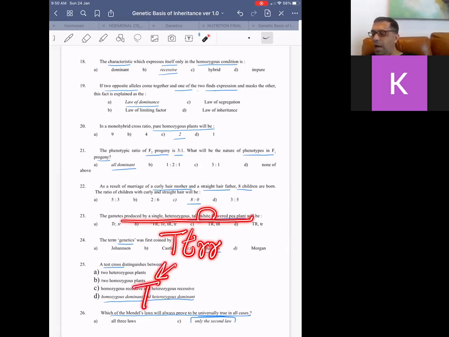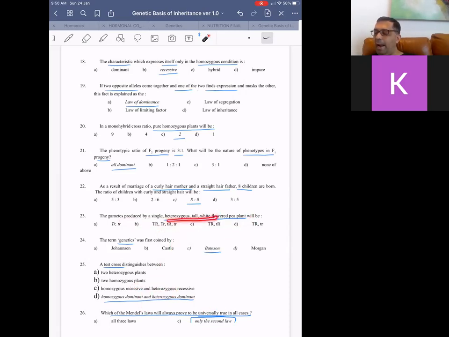Capital T small r and small t small r will be formed. So that is single heterozygous tall and white.